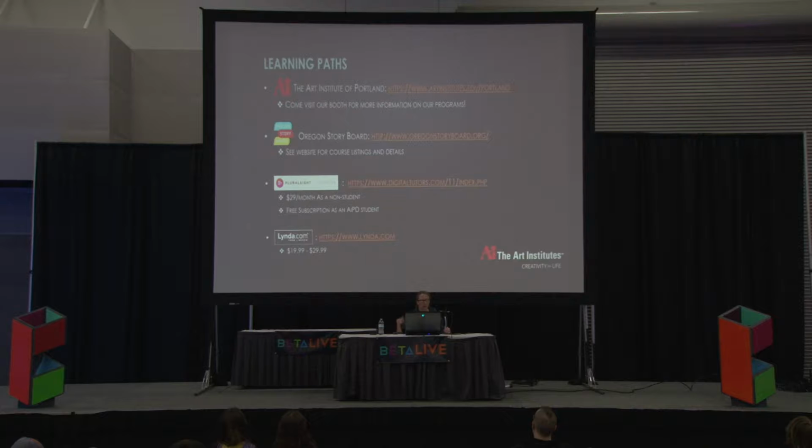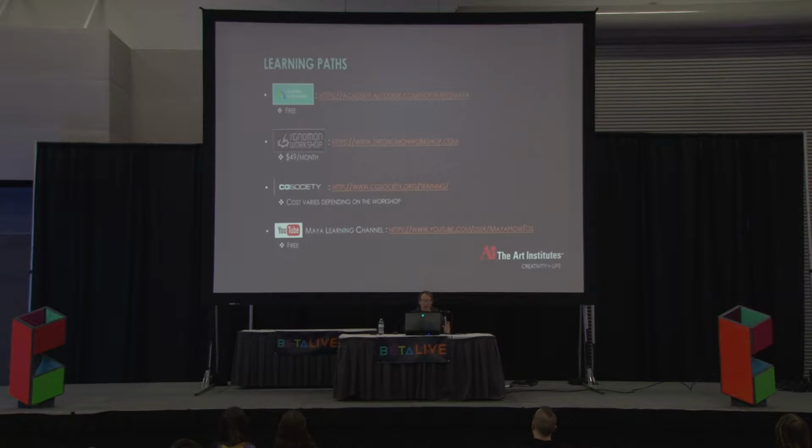So it's going to cover Maya, Max, After Effects, Photoshop, Unity and Unreal. So it's a really good one to check out. Lynda.com is also a fantastic resource. It's anywhere between $20 and $30 a month. Then you also have Autodesk Academy, Noman Workshop, CG Society. There's some really great YouTube channels.